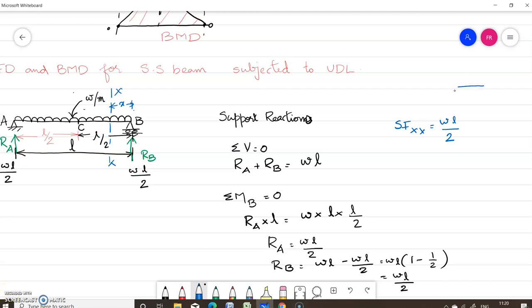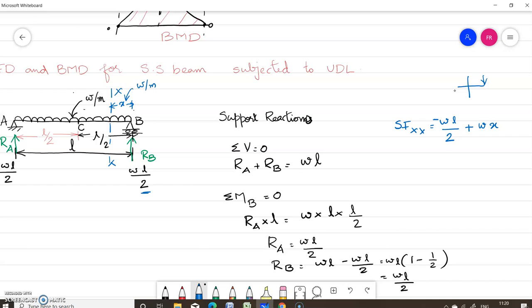And what is our sign convention? Right downwards is positive. So this WL by 2 is acting upwards, so minus WL by 2. Now what is the shear force due to this load? Here you have W per meter, W for x distance. So total load is Wx, acting downwards, and right downwards is positive, so plus Wx.